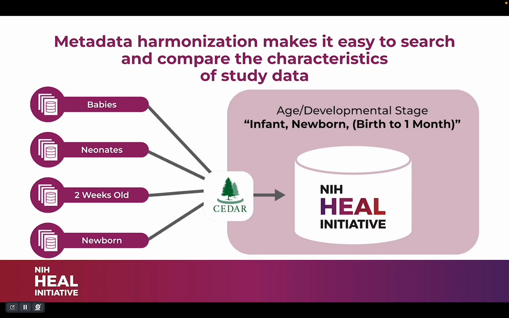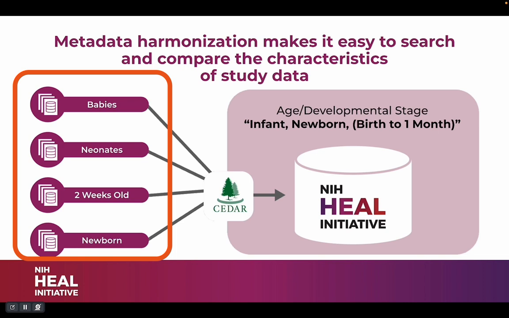Metadata harmonization makes it easy to search and compare the characteristics of study data. The best metadata will use descriptive terminology that harmonizes with the metadata used in other studies, so it's easy to search and compare the characteristics of study data between studies. For example, all of these 4 studies used a similar subject population.